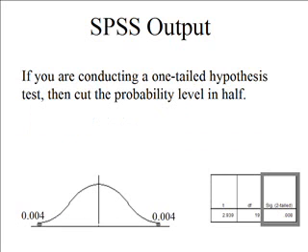Why is that? Well, take a look at our distribution here. SPSS is giving us a probability. If it were a two-tailed test, the probability is 0.008. Looking at our distribution, that means there's 0.004 on the bottom left and 0.004 at the top right.